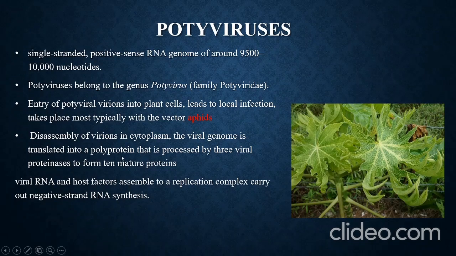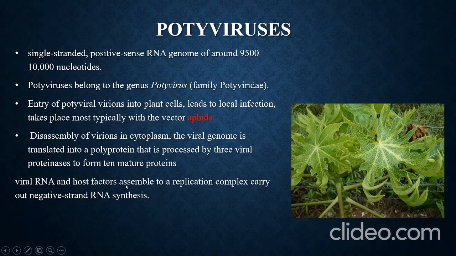Polyprotein is an immature protein. This virus contains 3 proteinase enzymes, which cleave the polyprotein to form 10 mature proteins.